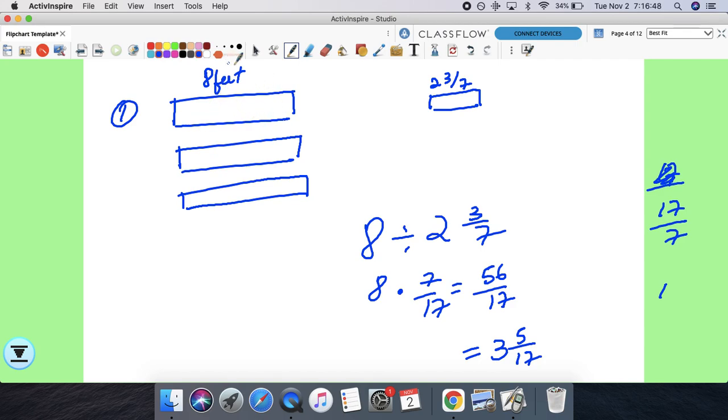Here's my first one, my second one, my third one, and how much would I have left over? Here's my 5 over 17 left over. If I repeat the process on this board, I can get 1, that's 2 and 3 sevenths feet. I can cut the second one, I can cut a third one, and I'm going to have this left over, 5 over 17.